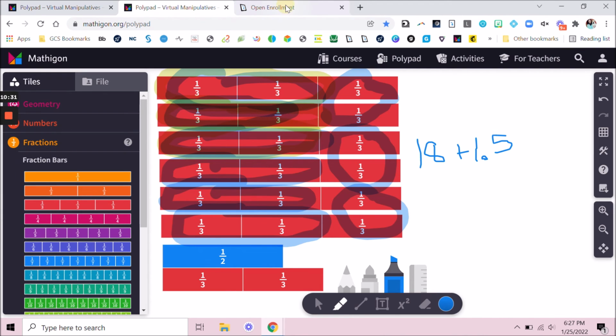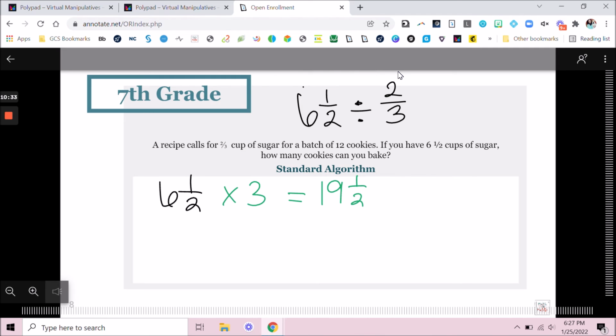So the next thing we did, if we come over to this, so we had 19.5, then we divided this by 2, and we got 9 3/4. Well, let's think about what happened here in this math. So the first thing we did is we multiplied by 3, and then we divided by 2. So it's like we did the opposite here.